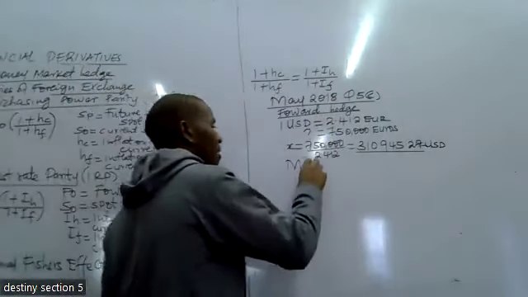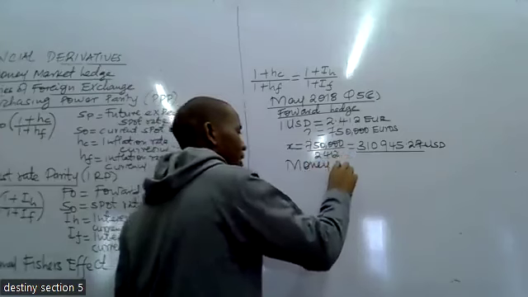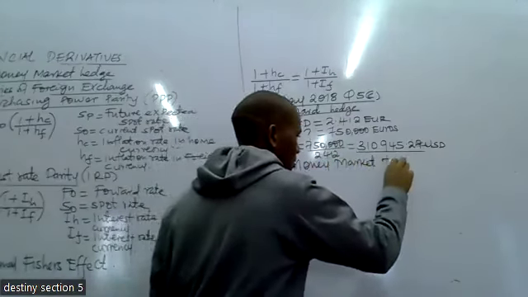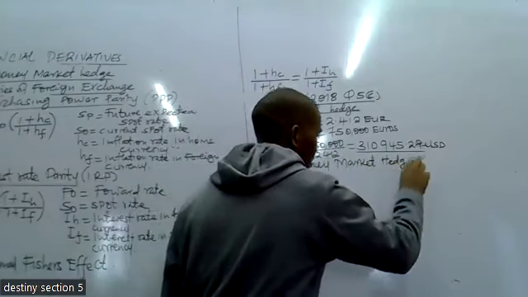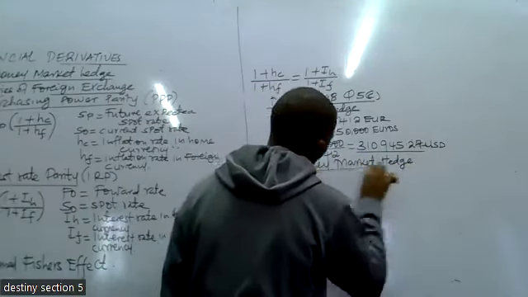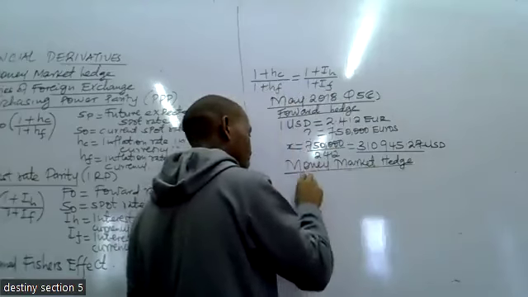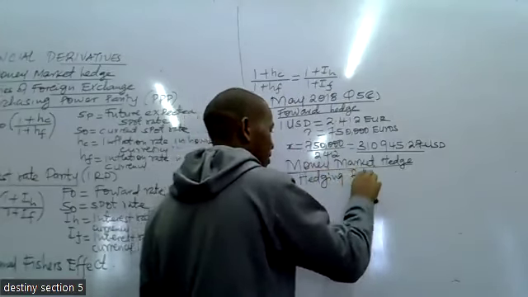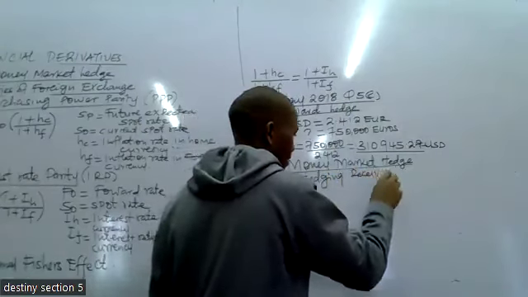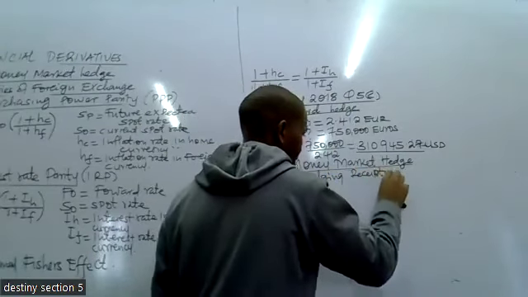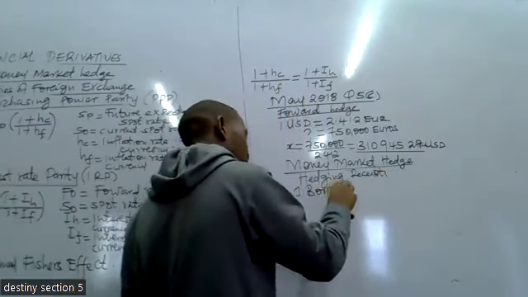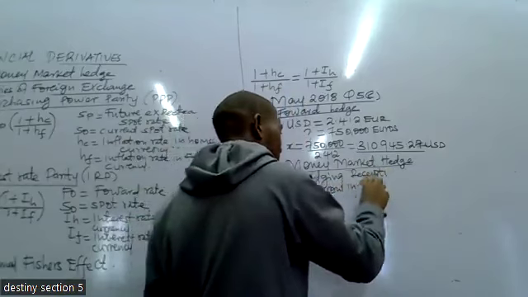Now, the money market hedge. When you are hedging receipts, this is how we do it. The first thing, you borrow in foreign currency.